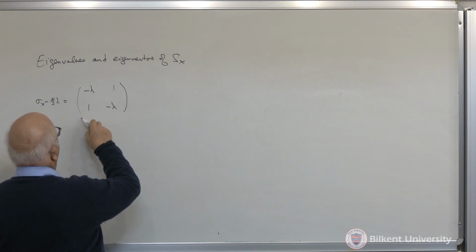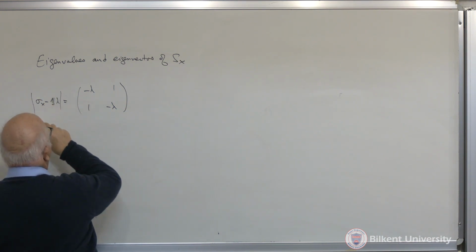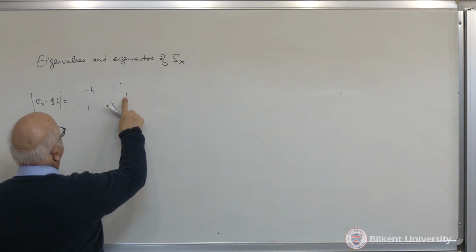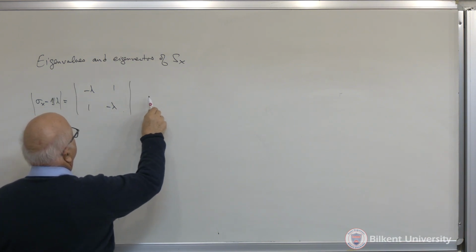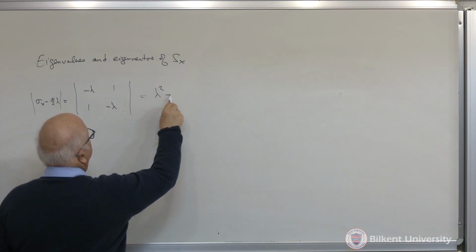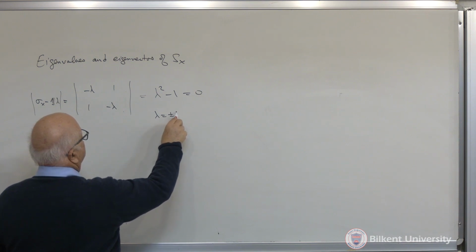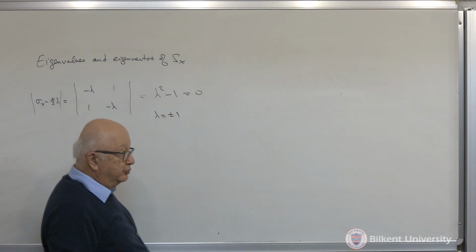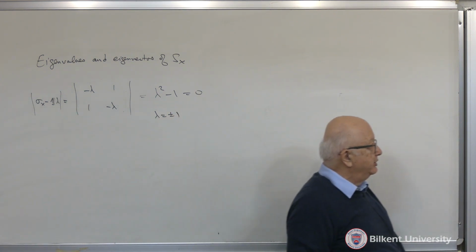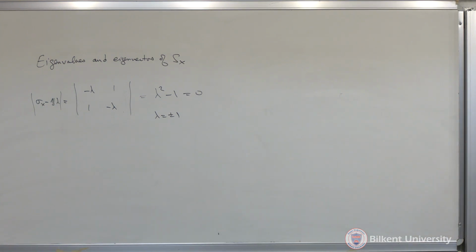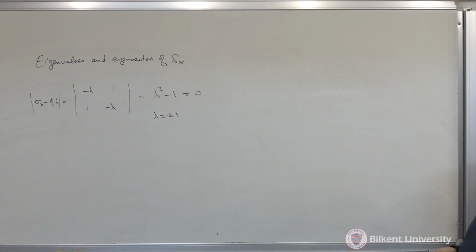If I now look at the determinant of this, I have lambda squared minus 1 equal to 0, and lambda equals plus or minus 1. So eigenvalues of sigma x are plus or minus 1, which means that eigenvalues of Sx are going to be plus or minus h bar over 2.